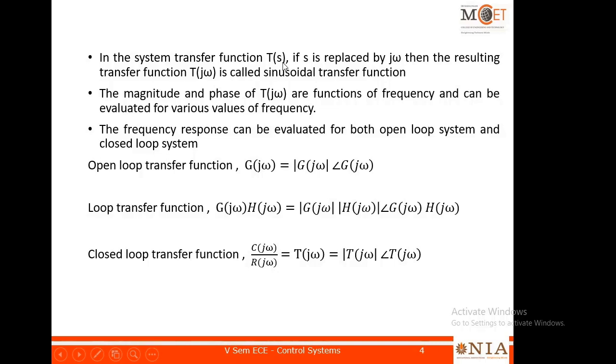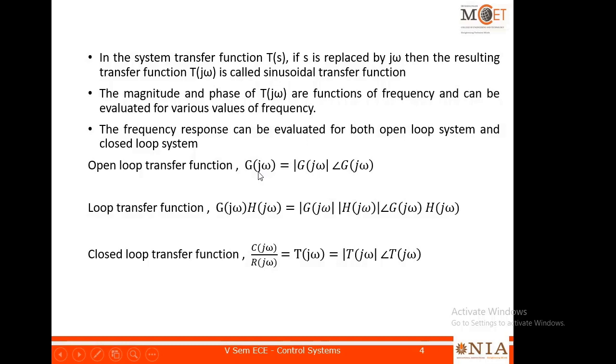Now the transfer function, either open loop or closed loop, will be in terms of omega, that is, frequency. Once you replace s with j omega, the transfer function will be in terms of omega.